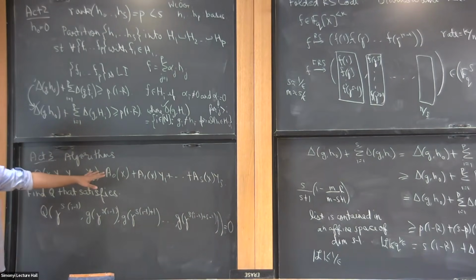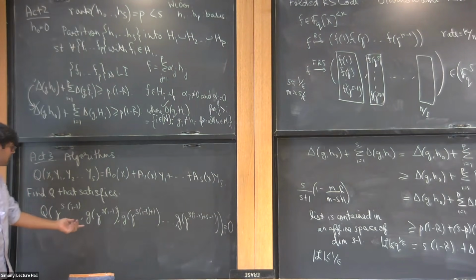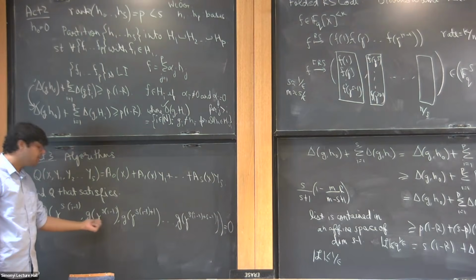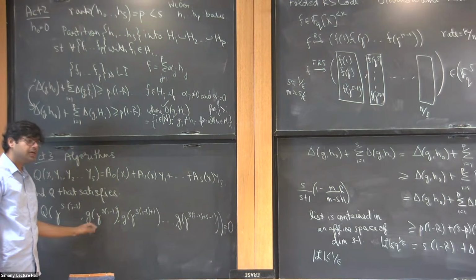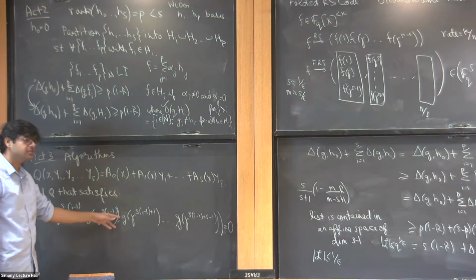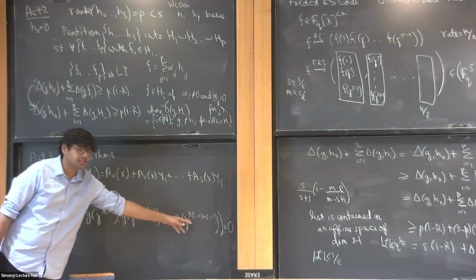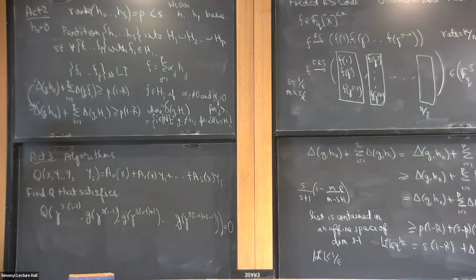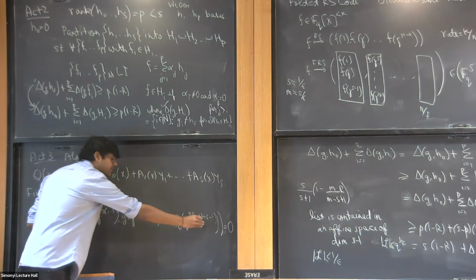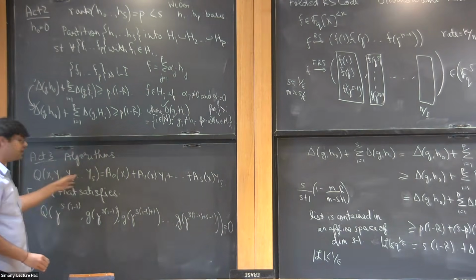So we imagine such a polynomial and we ask it to satisfy a bunch of conditions. The conditions just look like this: we look at the ith folded symbol. The ith folded symbol was indexed from s times (i minus 1) up to s times (i minus 1) plus s minus 1. You feed all of this size-s symbol into these y variables.